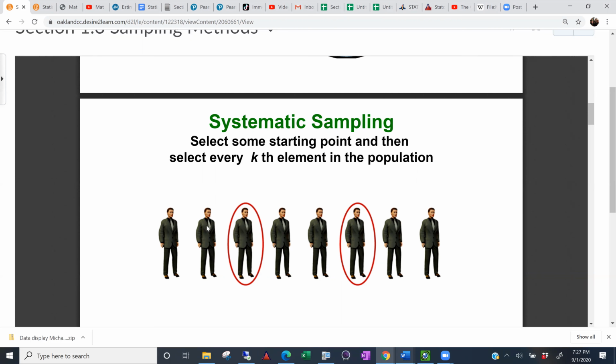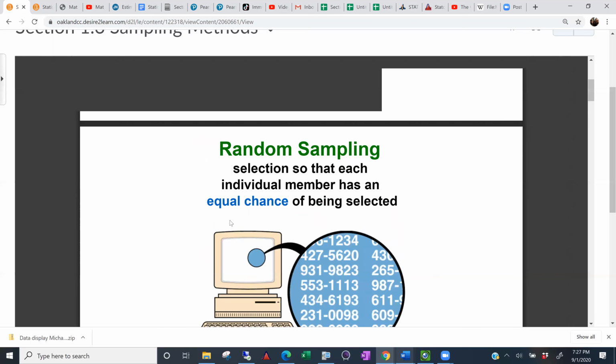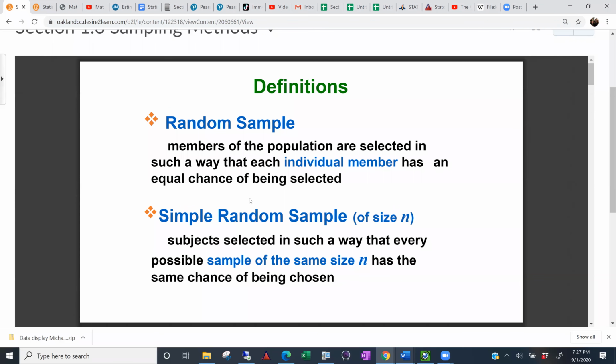It just won't be. What that's saying is that this is a random sample, but not a simple random sample, because not every group of size 2 can be in our sample. So what I'm trying to highlight here is the difference between a random sample and a simple random sample.